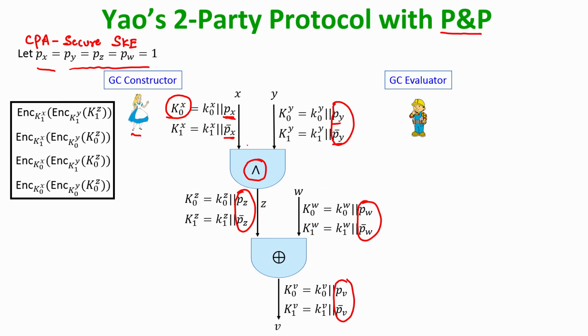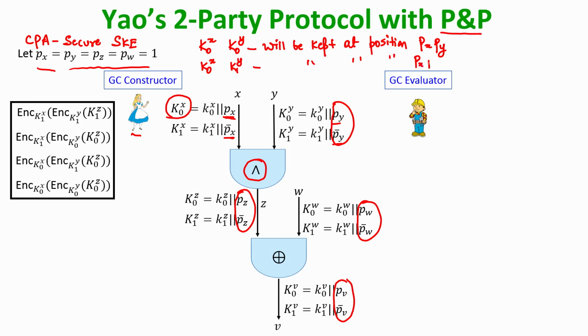It means the following: the encryption using the keys K0x, K0y will be kept at position Px, Py. The encryption using the keys K0x, K1y will be kept at position Px, Py complement.